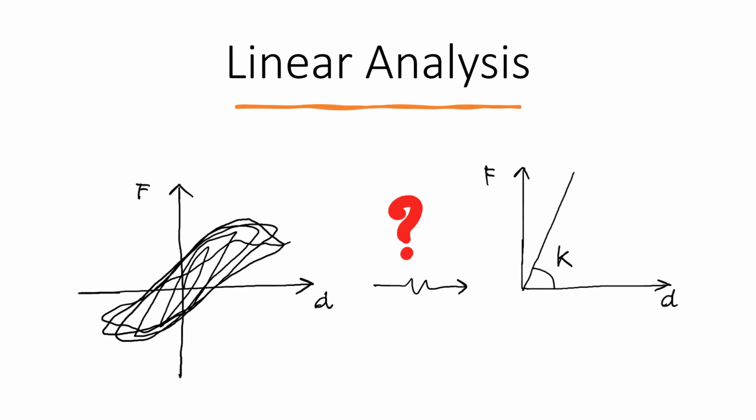Linear analysis is basically a strong simplification. We all know that a complex behavior as the one which is reported in the drawing on the left can be hardly represented by something which is similar to the behavior represented by the linear force displacement relationship which is reported on the right.